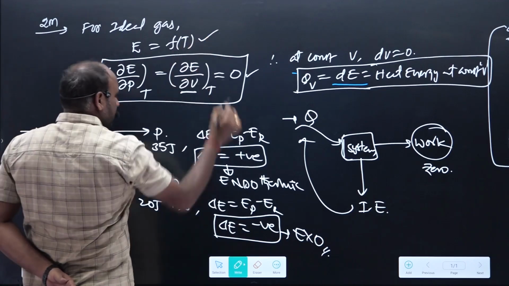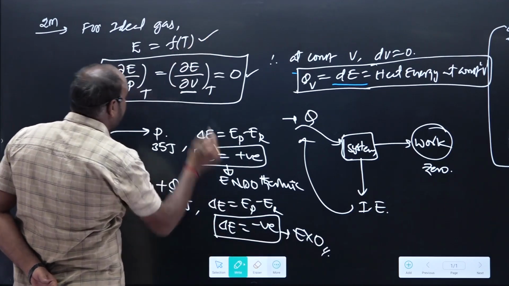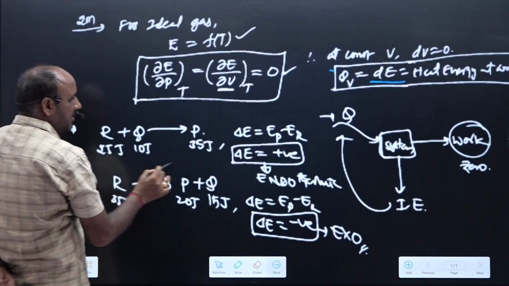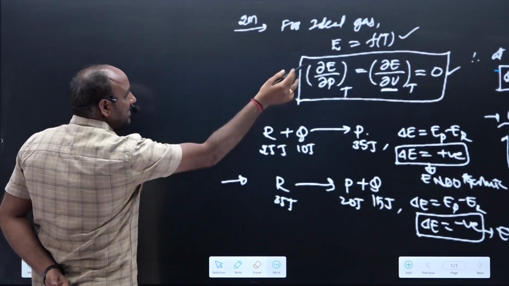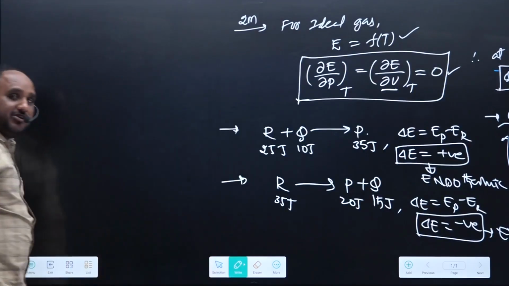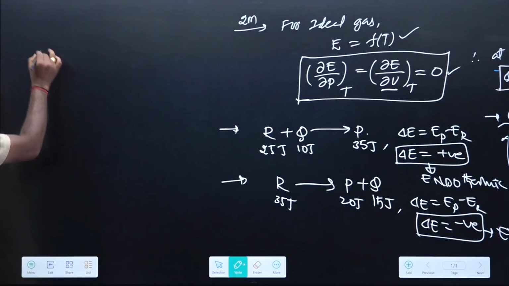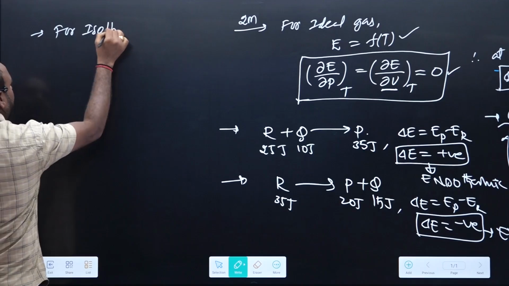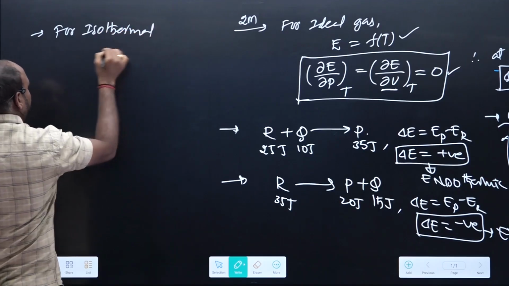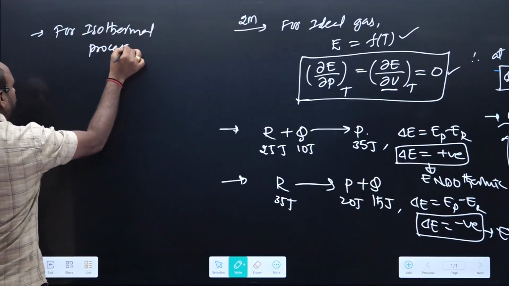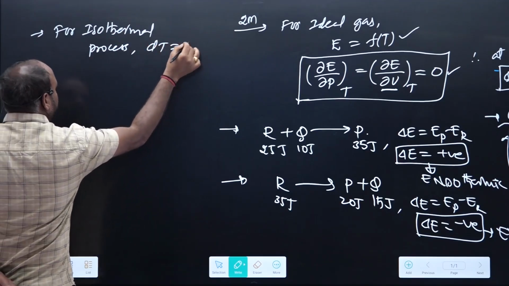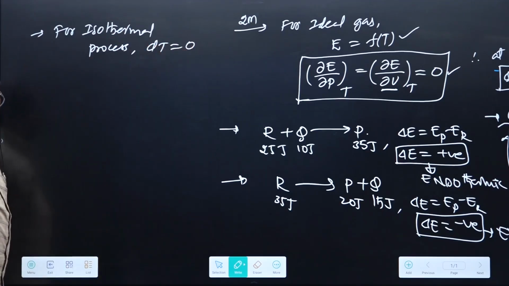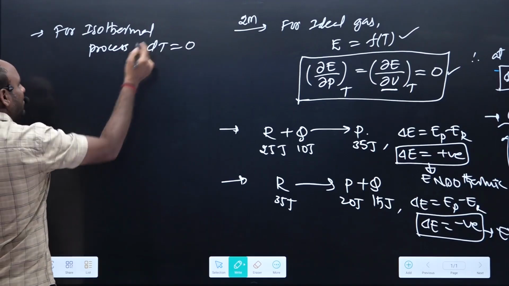Internal energy is a function of what? Internal energy is a function of temperature, right? So for an isothermal process, what about delta T? In an isothermal process, change in temperature is 0. Internal energy also depends on that.